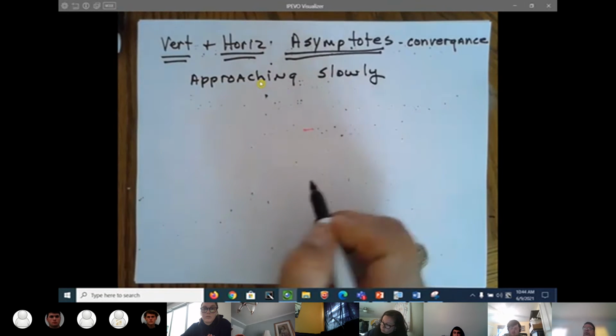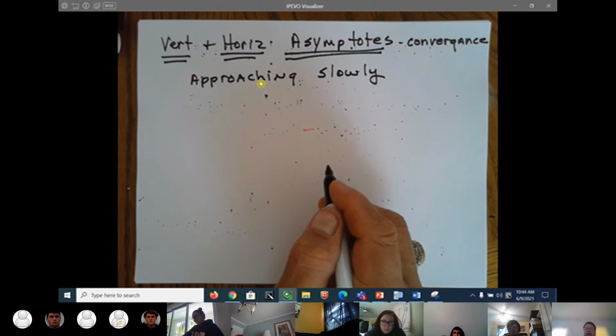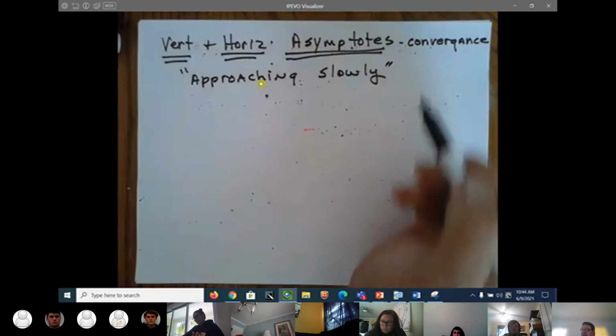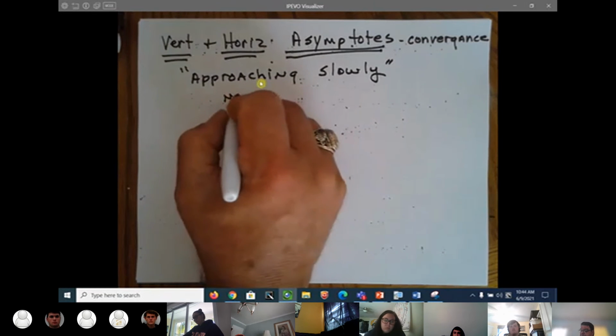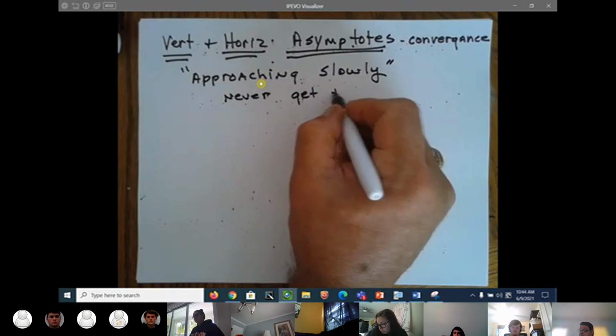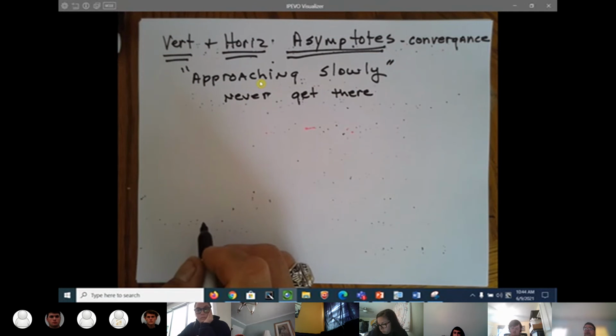Slowly. Now, you stop converging when you are actually in the traffic. Basically, converging means that you're approaching slowly, and you never get there. You never touch what you are approaching.